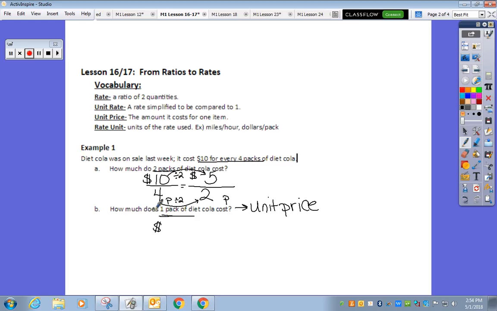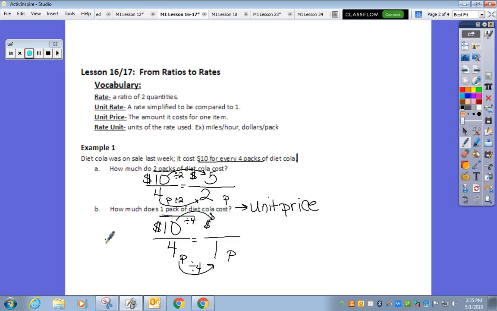So I'm going to go back to the original one. And sometimes you will need to use this one, but in this case we can go back to the original since we're going down to 1 pack. Okay, so here to go from 4 to 1, I'm dividing by 4. So to go from 10, I'm going to divide by 4 as well.